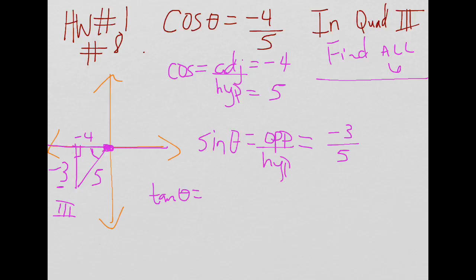Opposite over adjacent. The opposite is -3 and the adjacent is -4. So it's -3 over -4, which will be what? Positive 3 over 4, because a negative over a negative makes a positive. So is anybody confused on where I got these 2 values from?